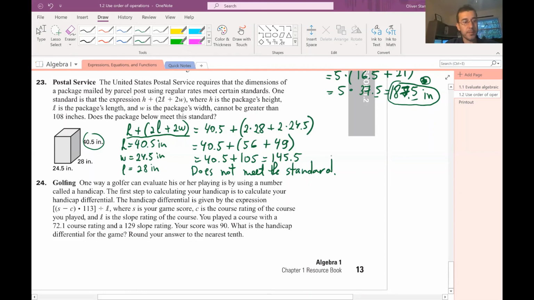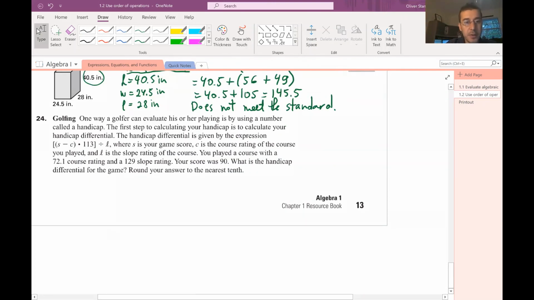And the last one, golfing. One way a golfer can evaluate his or her playing is by using a number called a handicap. The first step to calculating your handicap is to calculate your handicap differential. The handicap differential is given by the expression, and let's write down the expression. So let's do it here on the bottom.